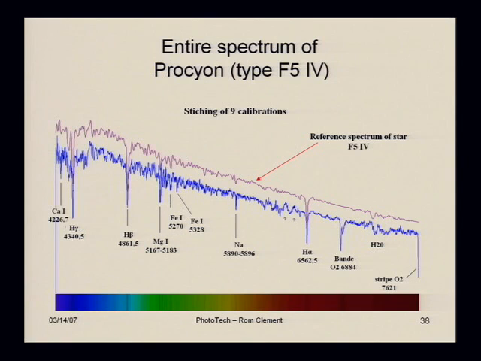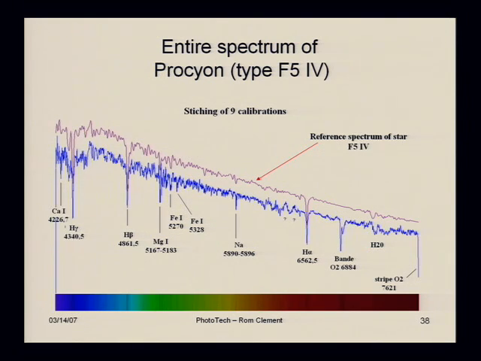And this is, for instance, what you can get by stitching different spectra of the same star. You can see that using, I think, 1,200 grooves per millimeter in the system that you've seen, I was able to reach a resolution of about 3 angstroms.